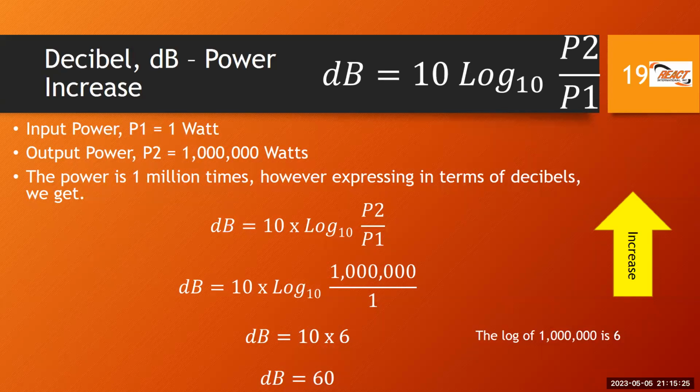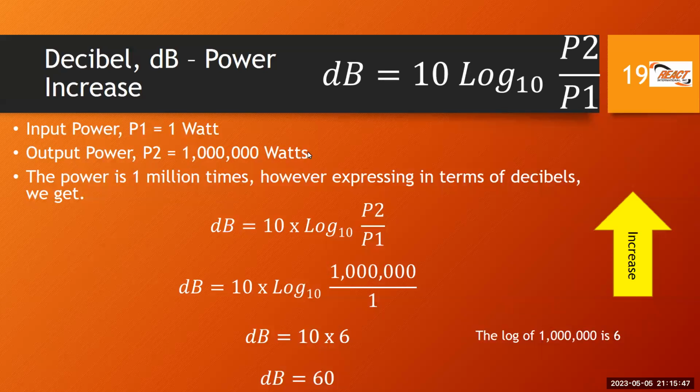That's a huge increase in power. 1 watt to a million watts. But we can express that in decibels and say that is a 60 dB gain. So you may be saying to yourself, wow, it's 1 watt to a million watts, a million times. But when we use dB, it's only 60.